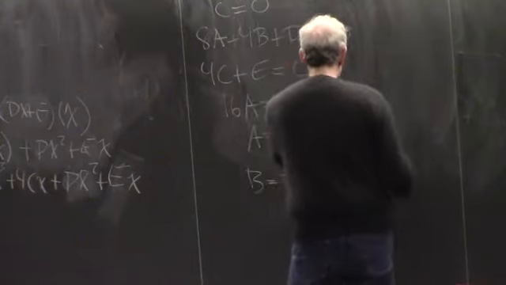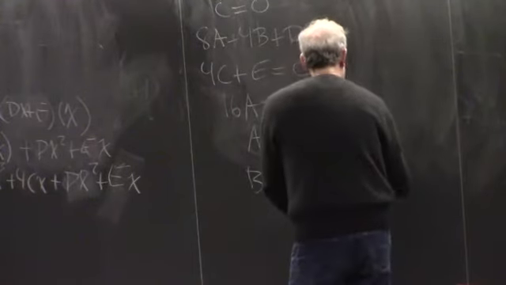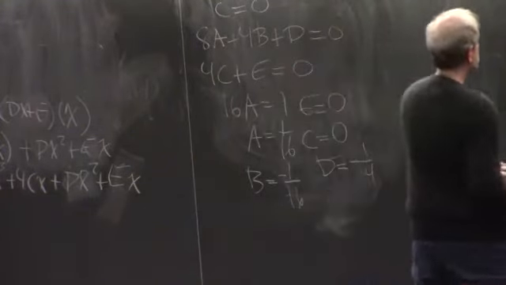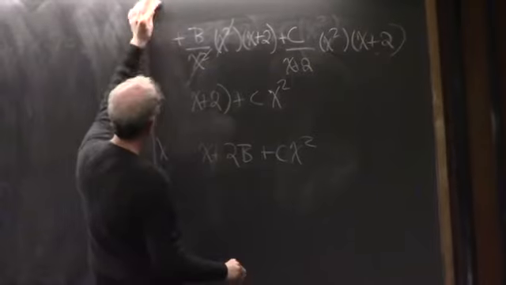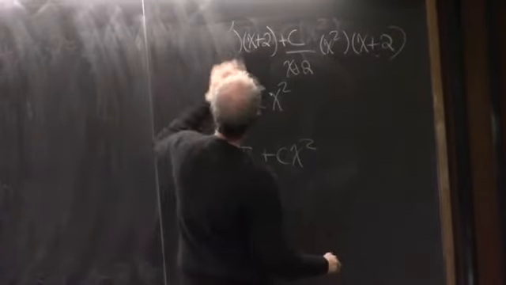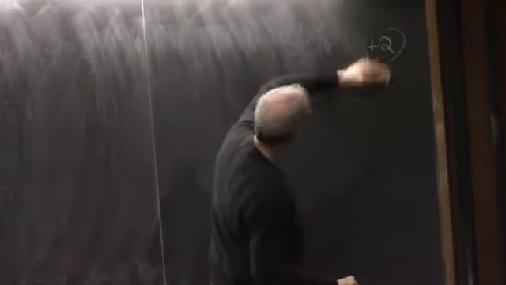So d is minus a quarter. Okay, I'll let you solve those again on your own. Those are your equations.